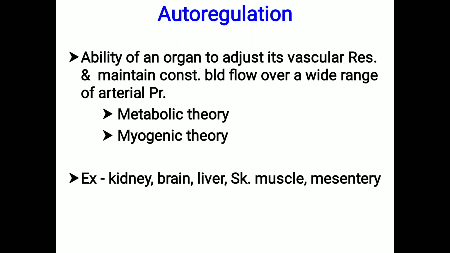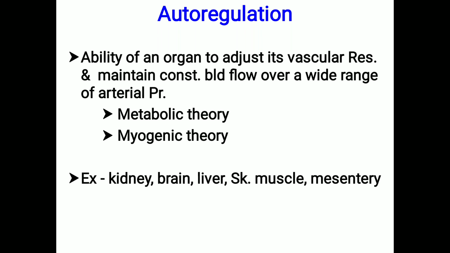The second important regulation of blood flow is autoregulation, that is myogenic and metabolic. What is this metabolic or myogenic? The myogenic theory of autoregulation explains the response of a blood vessel to an increase or decrease in blood pressure.